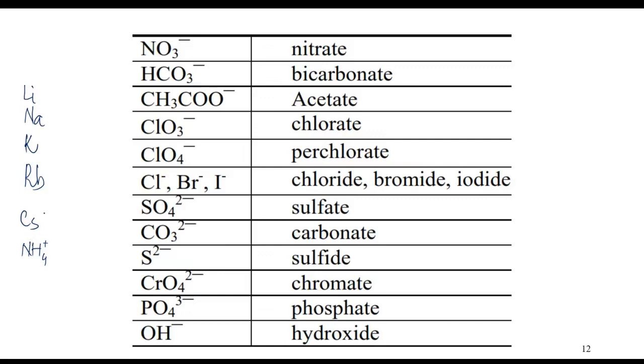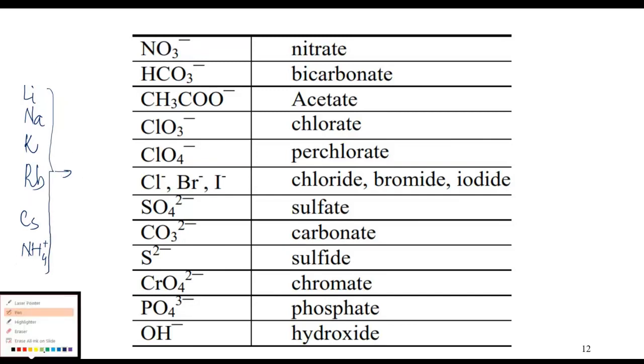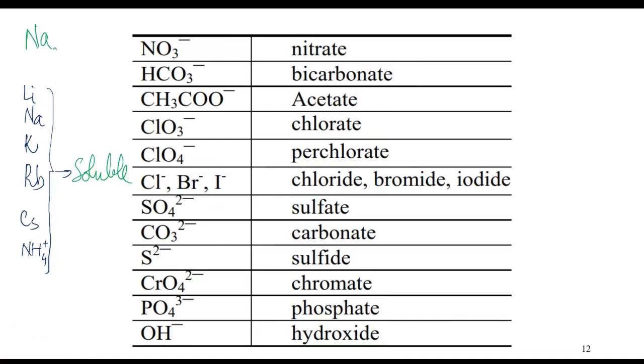Okay. Now rule number 1. When you see these ions in any compound, that compound will be soluble. Suppose I write sodium sulfate, Na2SO4. Is it soluble or insoluble? Soluble. Yes, because of sodium. First group.